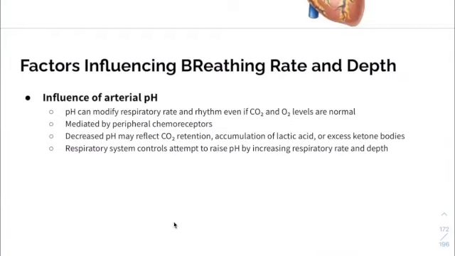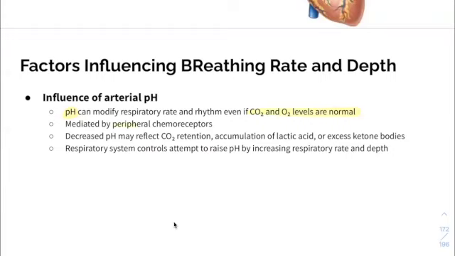We've talked about pH, that amount of hydrogen ions that affects the pH of our system. Of course, that's going to change your respiratory rate. The thing is our respiratory rate can change even if carbon dioxide and oxygen are normal.